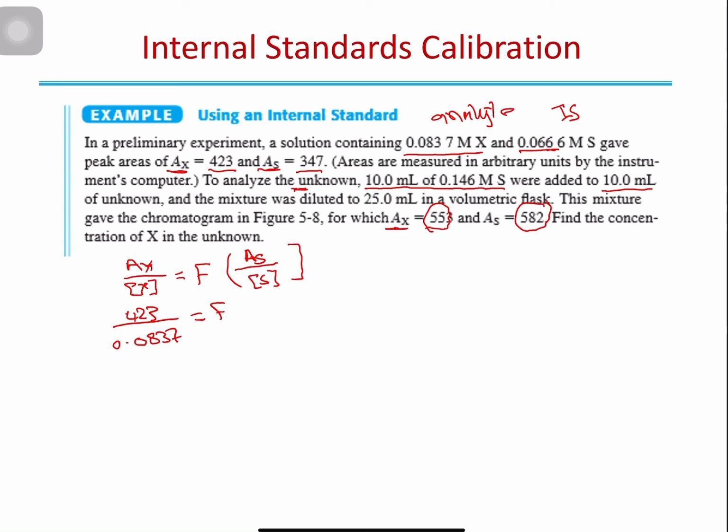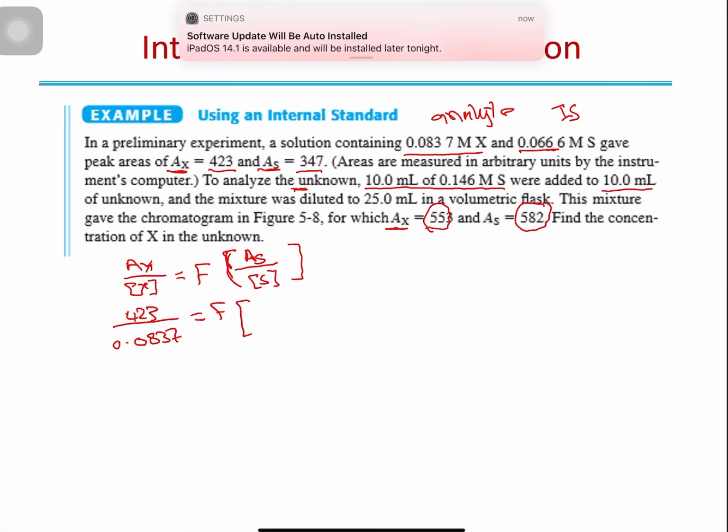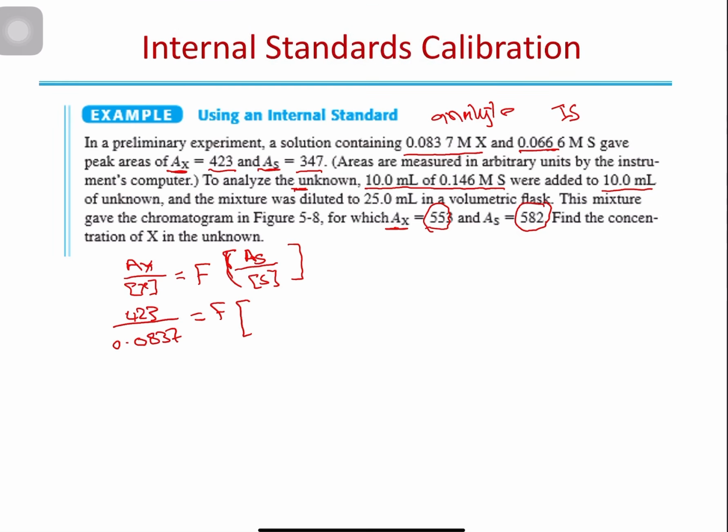This is going to be equal to F, which is the response factor, times AS, which is 347, over the concentration of the standard, which is 0.0666 molar. So when you calculate the F here, you're going to find that F equals 0.970. So this is the response factor, and this is the one we are going to use in the next step in order to calculate the concentration of our unknown.